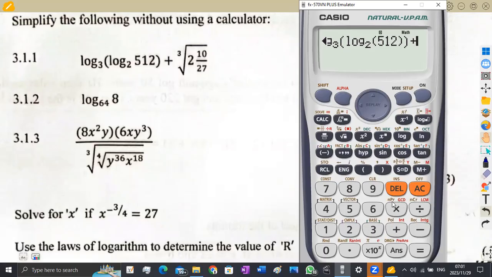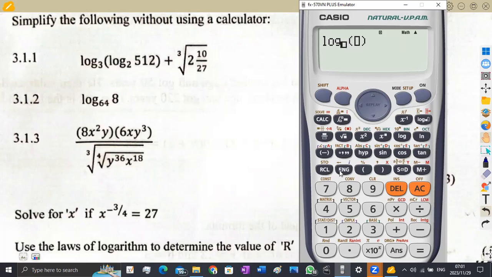Whatever that you get here, you must add the cube root of the fraction, this improper. Remember I said this shift, you get it like that. So this is going to be 2 and 10 over 27, like this. All right, so this is going to give us 10 over 3, which is the same answer that we got.